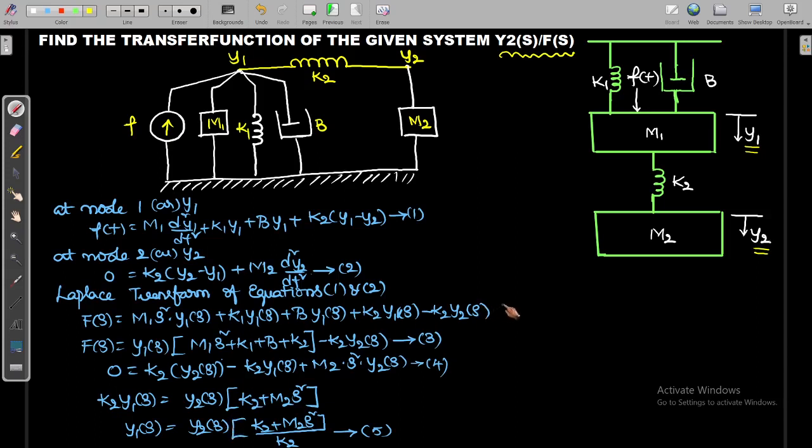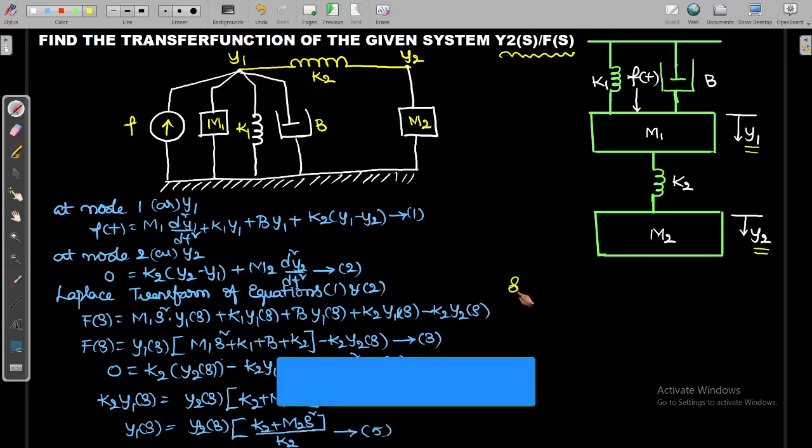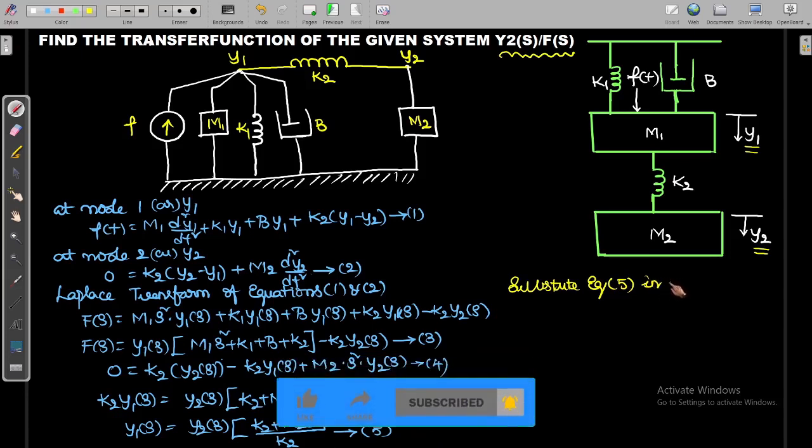So I am going to write here: substitute equation 5 in equation 3.